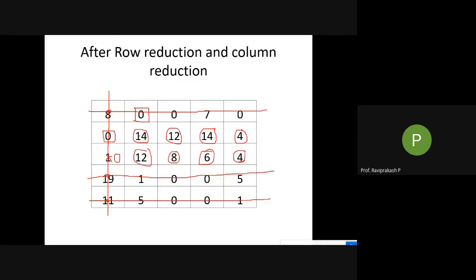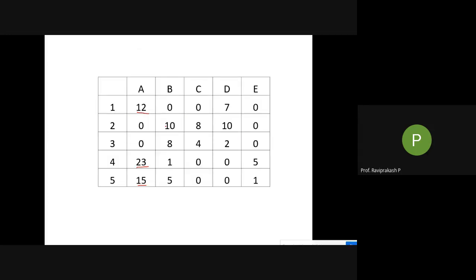If you see here, we need to subtract in all these particular circled values, the non-cancelled ones. So here 4, this becomes 10, this becomes 8, this becomes 10, this becomes 0. So if you see here 10, 8, 10, 0. So these are those particular values.